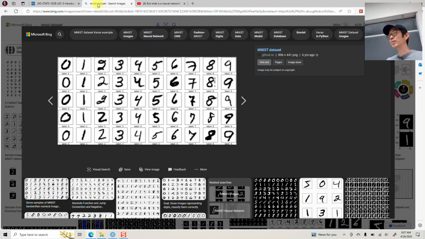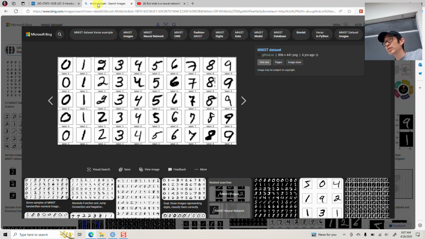The problem originated at the post office. It used to be that if you handwrote the address on a letter and put it in the mail, somebody would have to look at that and sort it by hand. They would look at it and say, okay, that looks like the zip code 90210, and sort it into different piles.